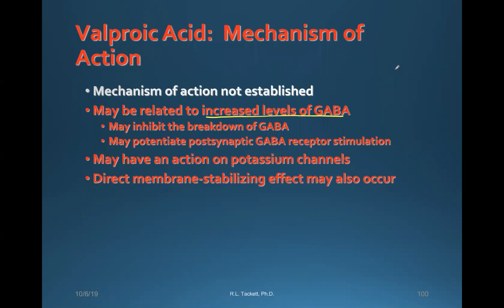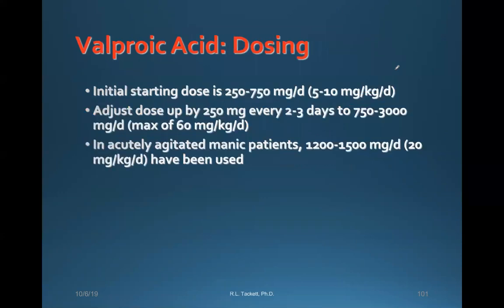These are all proposed, but the exact mechanism we don't really know. With bipolar, it could be that you're stabilizing the membrane and enhancing the effects of GABA. That would account for many of its anti-manic effects.